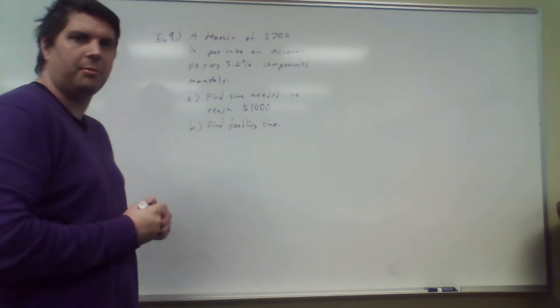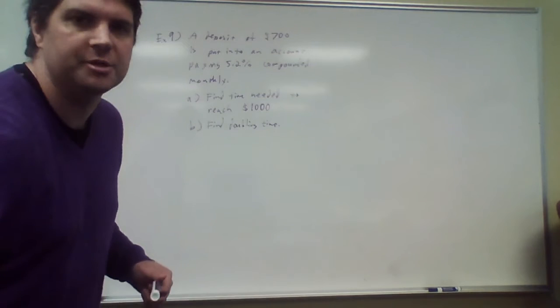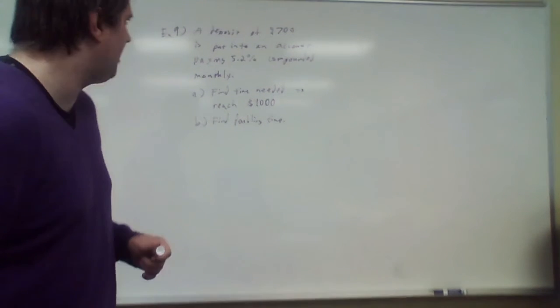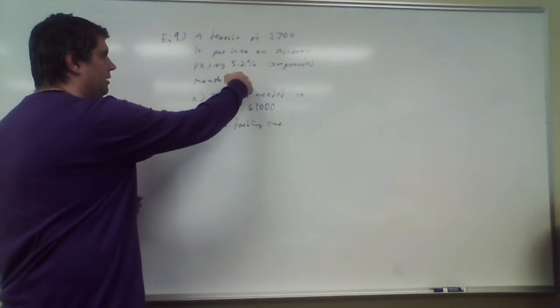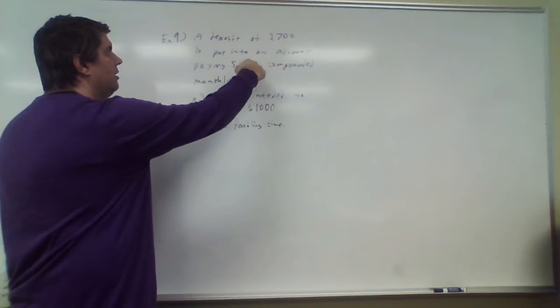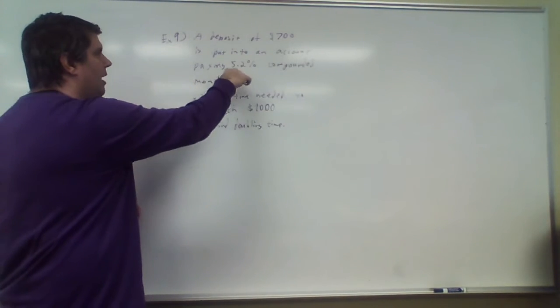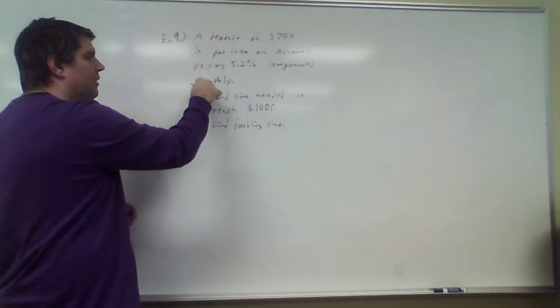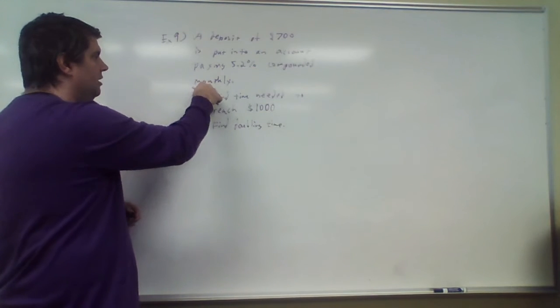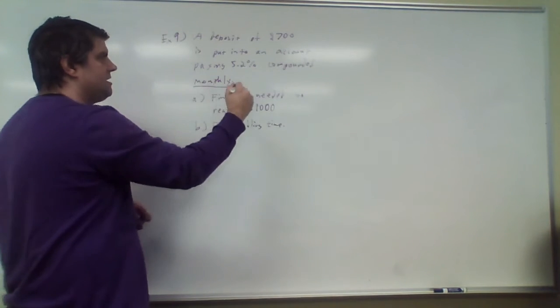All right, so this problem is a similar type of problem, but it's got monthly compounded interest. So a deposit of $700 is put into an account paying 5.2% interest compounded monthly. Okay, that's monthly. That's not continuous.